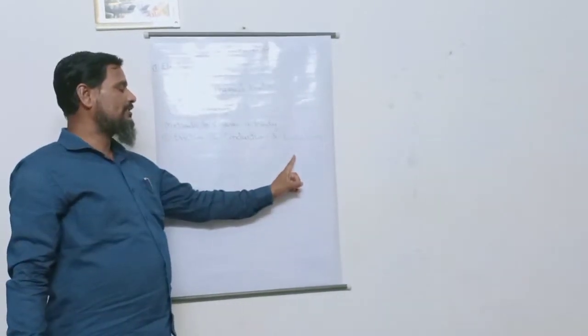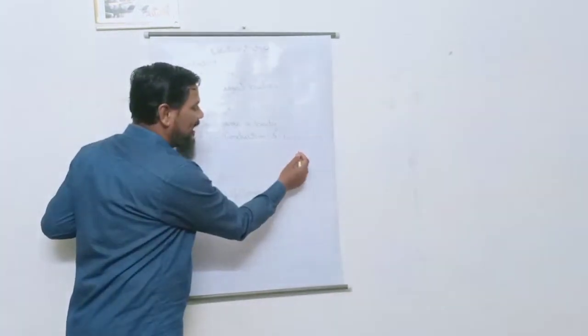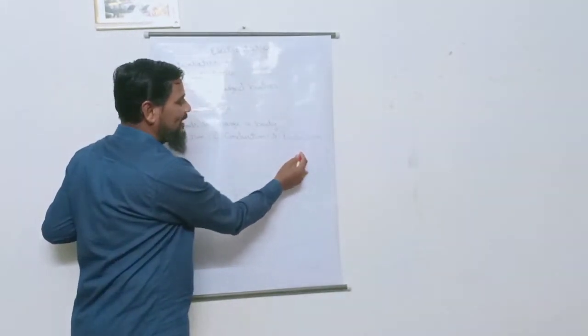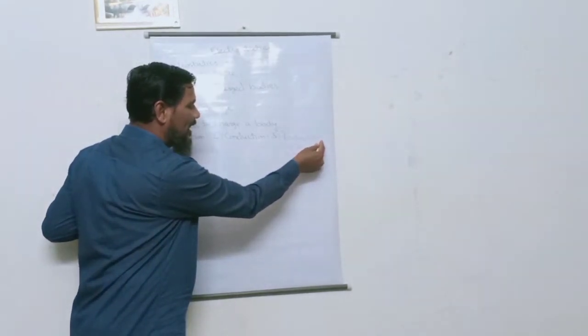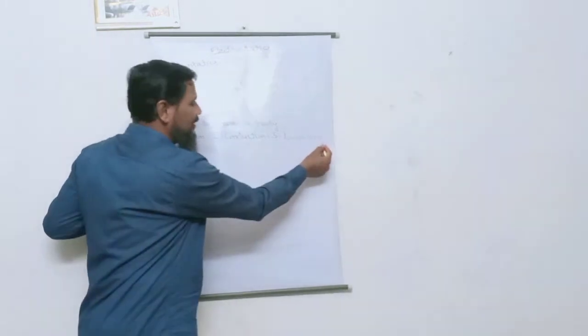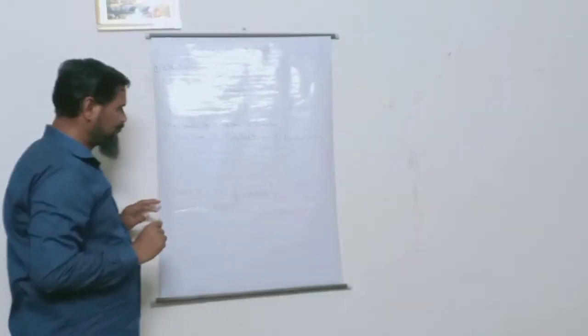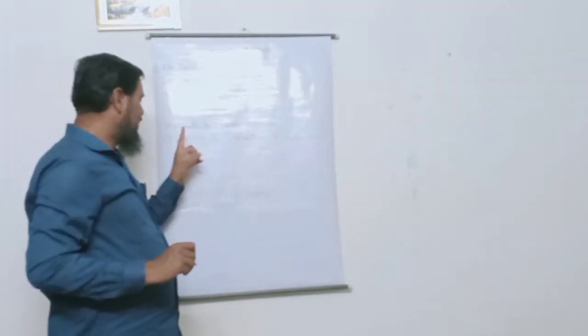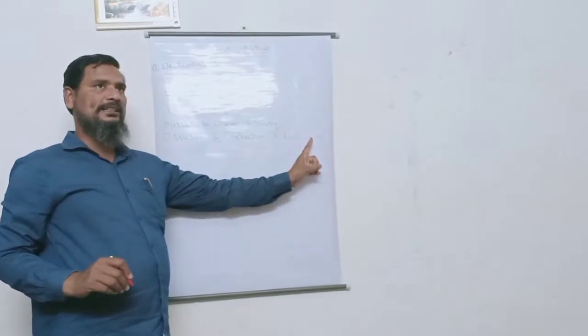And in the process of induction, when a charged and an uncharged body are brought close to one another, one surface of the uncharged body acquires an opposite charge and the other surface acquires the other charge. This is called induction. This is friction, this is conduction, and this is induction.